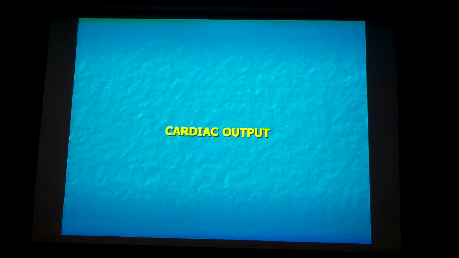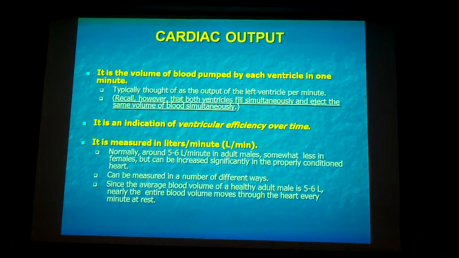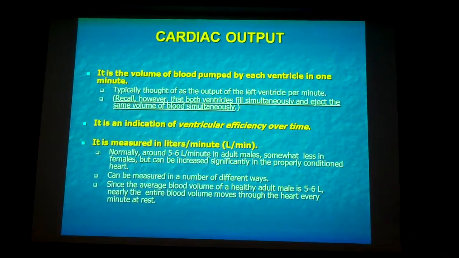All right, so that brings us to cardiac output. Cardiac output is just the volume of blood that the ventricles pump each minute. And we're talking about the left ventricle, basically. So it's the volume of blood pumped by each ventricle in 1 minute, but generally we're concentrating on the left ventricle.